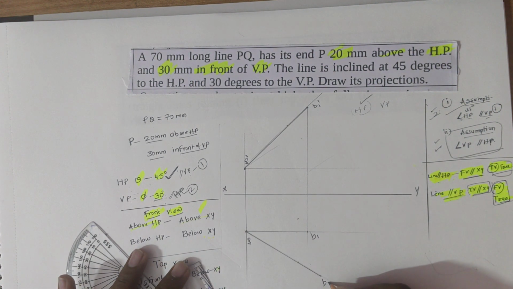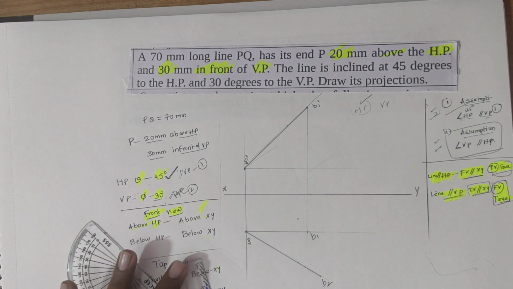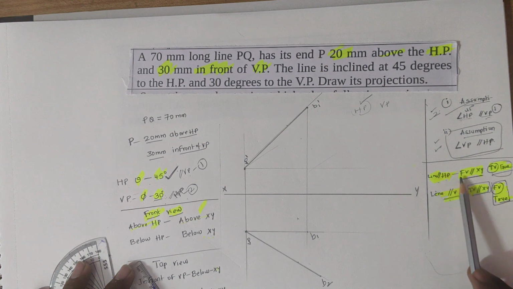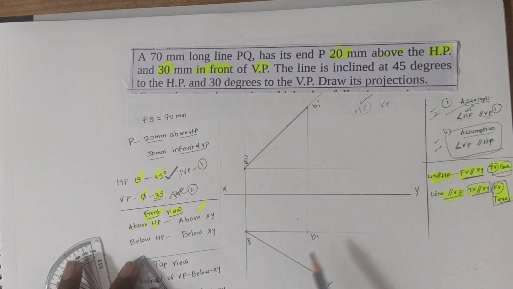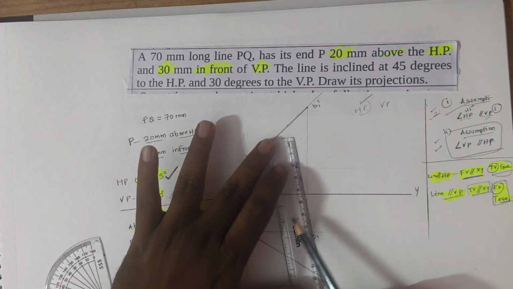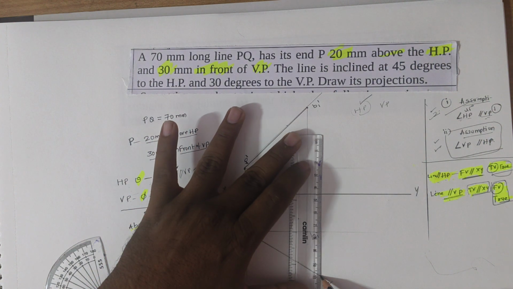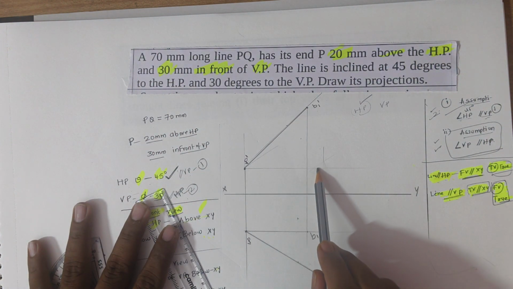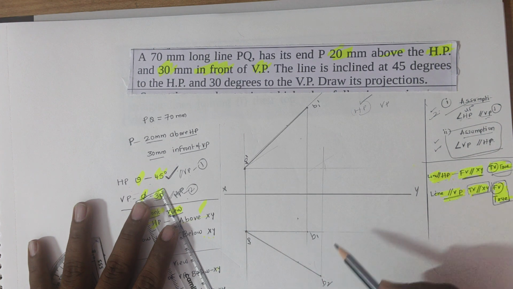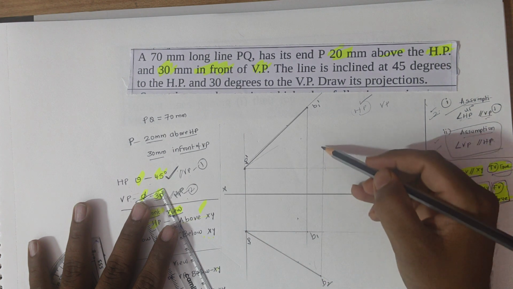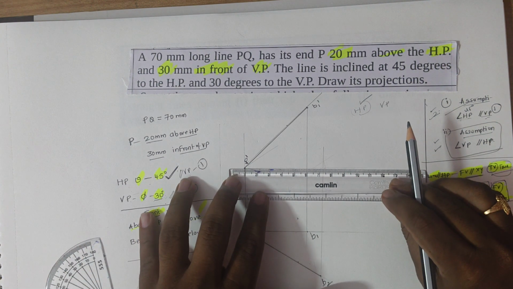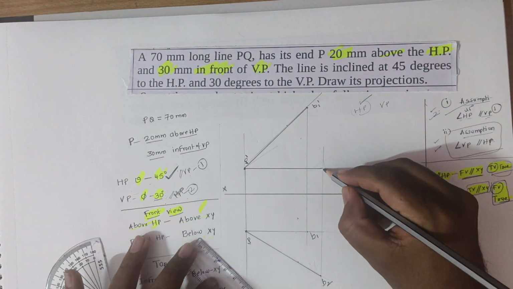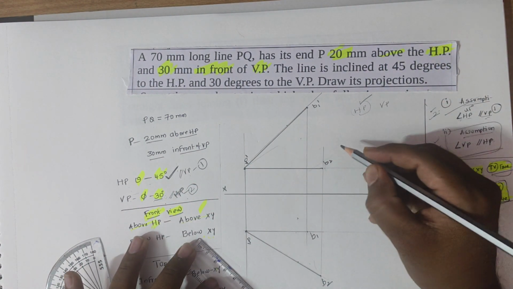It is not B1, it is now B2. When the line is parallel to HP, front view is going to be parallel to XY. As per the second assumption, the front view is parallel to XY. How much length? Where B2 ends, on the same end projector we should have B2 dash.